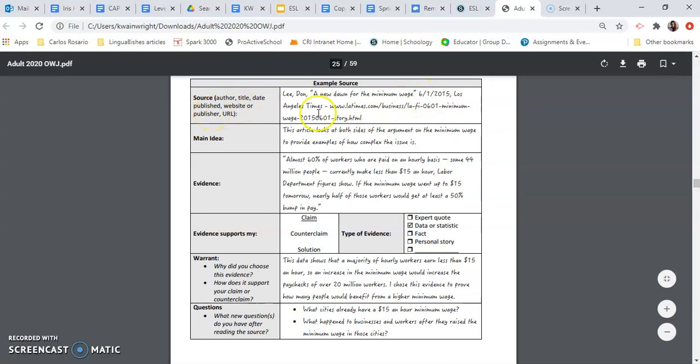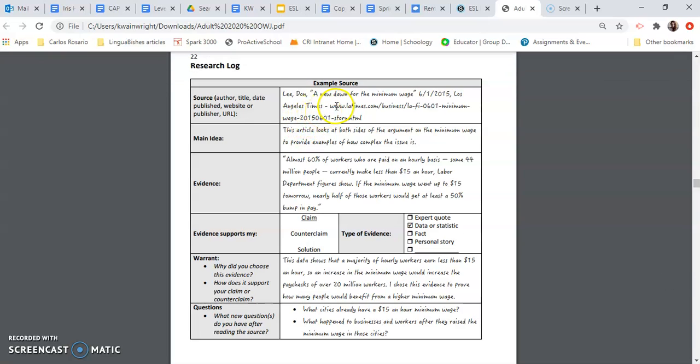So in this example, we have the name of the writer is Dawn Lee. A New Dawn for the Minimum Wage is the title of the article. This is the date the article was published. And then this is the publisher, Los Angeles Times. That's the newspaper that published the article.